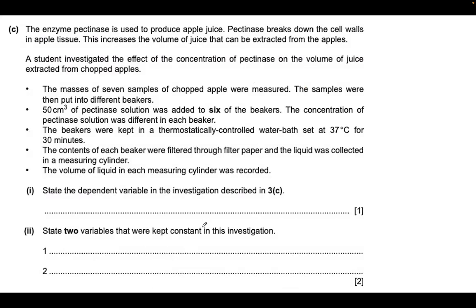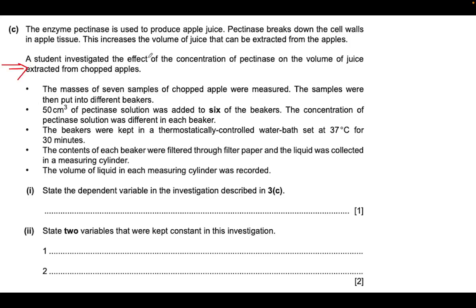All right. Now for C, it's another important question. The enzyme pectinase is used to produce apple juice. Pectinase breaks down the cell wall of apple tissue. This increases the volume of juice that can be extracted from the apples. Now we are here.